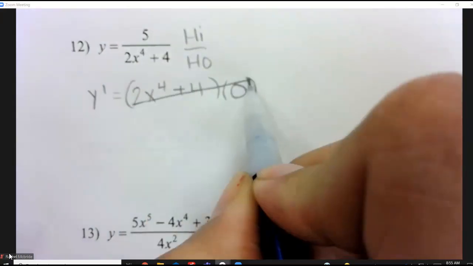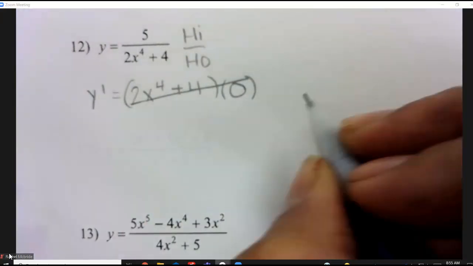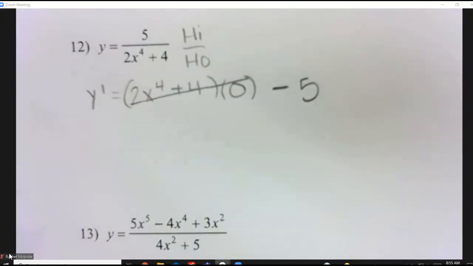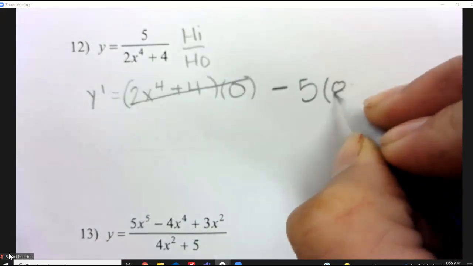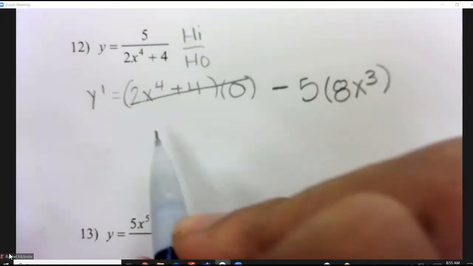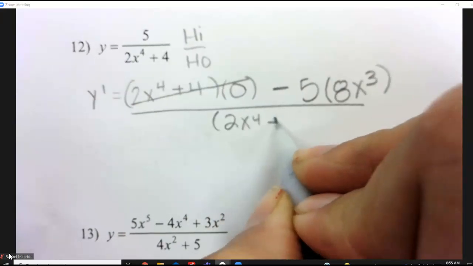So this all cancels out, but it's minus high, which is 5, and then the derivative of the denominator, which is 8x cubed, all over denominator squared.